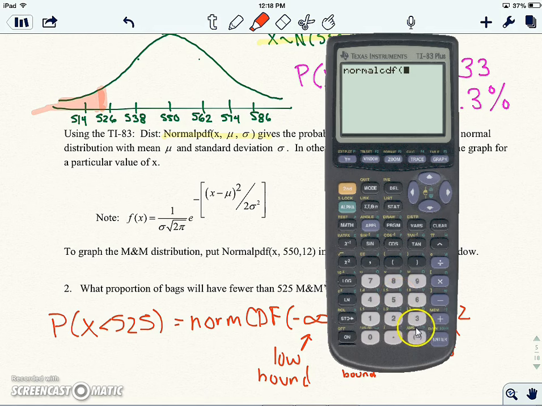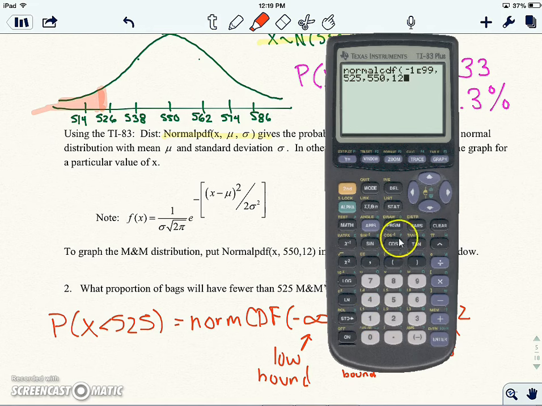You can enter in negative infinity, negative 1 E to the 99. But you don't need to do that. You can just put a really large or really small number. And we want it to go up to 525. And then we tell it the mean of our distribution and the standard deviation.